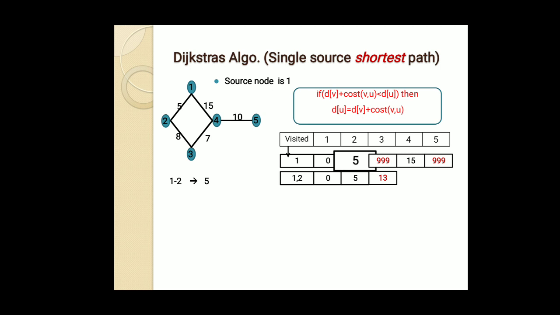So I have traveled from 1 to 2, and from 2 I can travel to 3. After reaching 3, I can even reach 5. Yes, obviously. How? 1 to 2, 2 to 3, 3 to 4, 4 to 5, isn't it? So I can reach 5 on the same route.